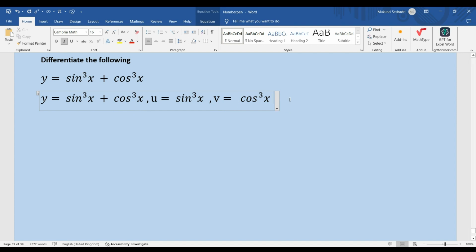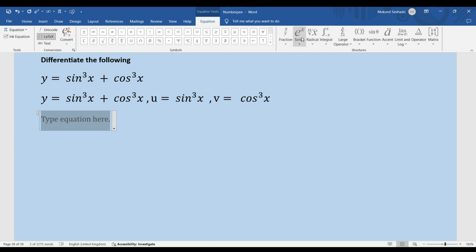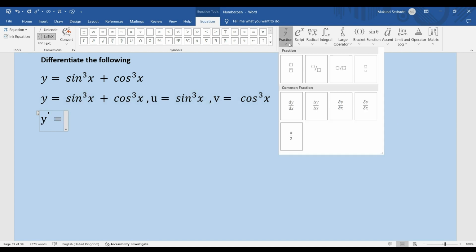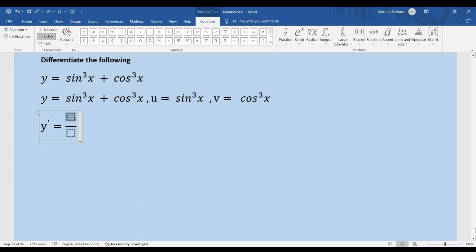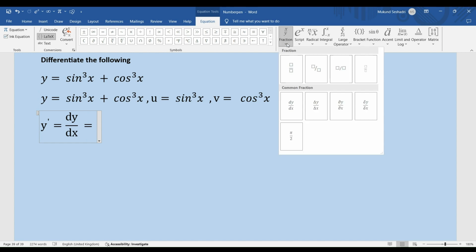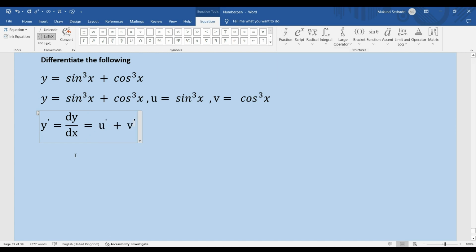So my y dashed, which is what I've been asked to find as per some rule of differentiation, is nothing but u dashed plus v dashed. So my y dashed, which is nothing but my dy by dx, is u dashed plus v dashed. So let us treat u dashed and v dashed separately before we come back to this step and apply the sum rule of differentiation, right?